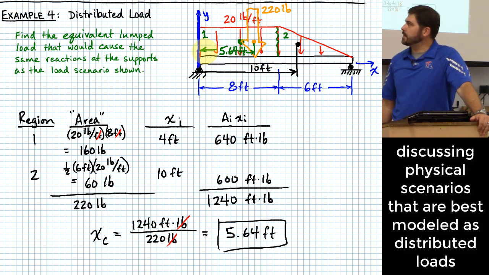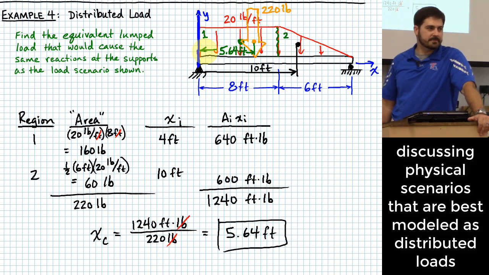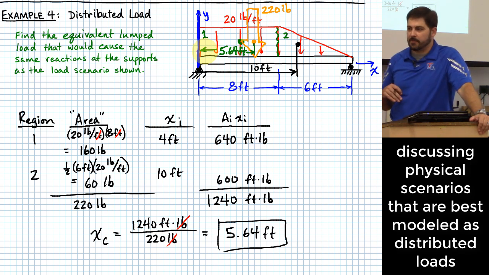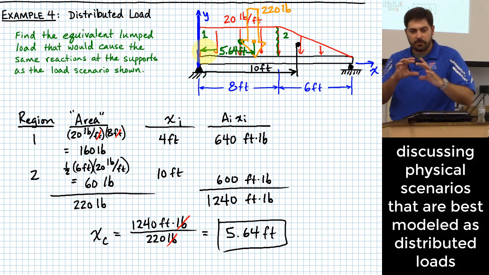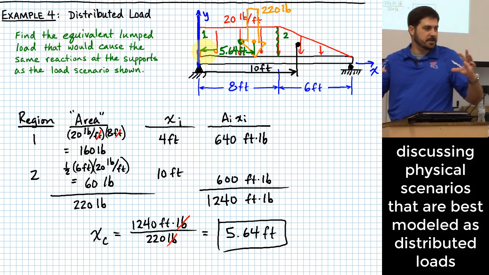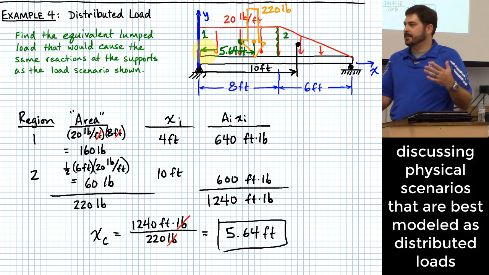One other comment, because I haven't talked that much about what causes distributed loads. There are a few things you could think of that cause distributed load. Probably the most obvious one is self-weight. If you have the self-weight of an object, especially if it's got a uniform cross-sectional area and uniform density along its length, how would you model the self-weight of that body really correctly?